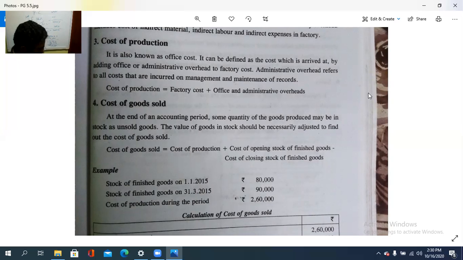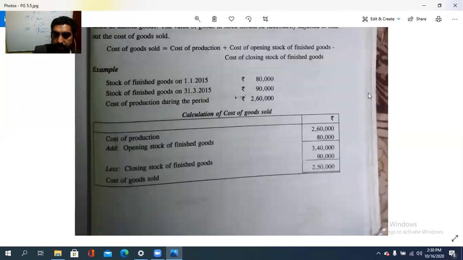So how much is it? 2,50,000 is the cost of goods sold. So COGS is equal to cost of production plus opening stock of finished goods minus closing stock of finished goods. Clear?